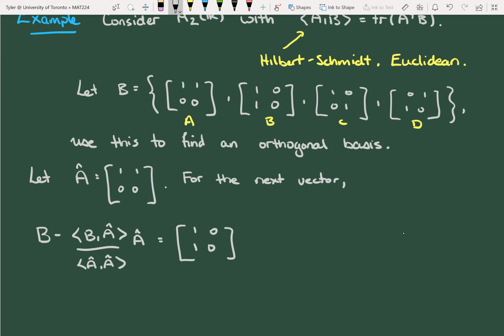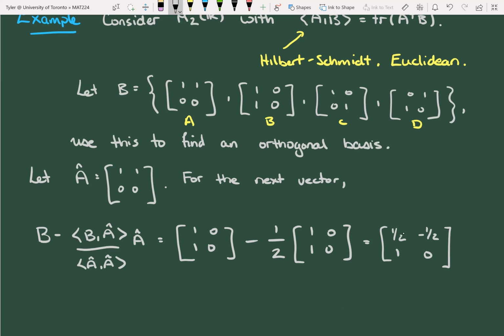I've worked out what this is ahead of time, but you can double check me. The inner product of B and A is just 1, and the norm squared of A ends up being 2. So you can work all of this out, and if you do that, you're going to get 1/2, -1/2, 1, and 0.